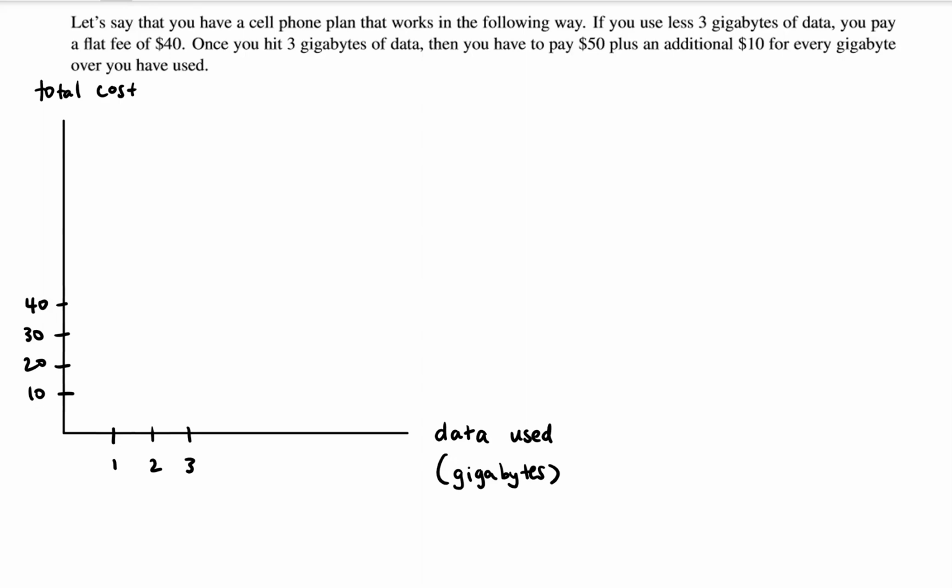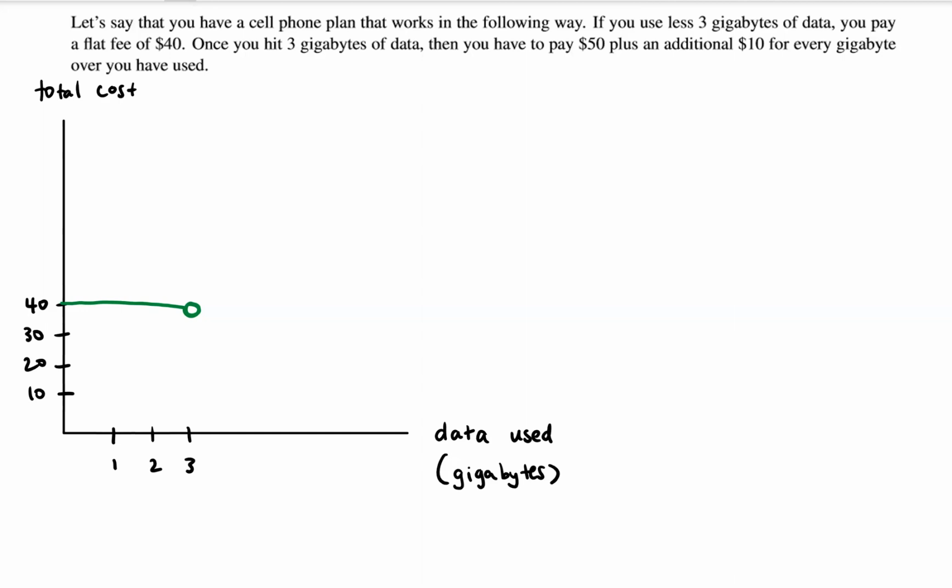So what that's going to look like is I'm going to have a horizontal line, except when I hit 3 gigabytes, I'm not paying $40 anymore. So the way that we're going to denote that on our graph is through the use of an open circle.